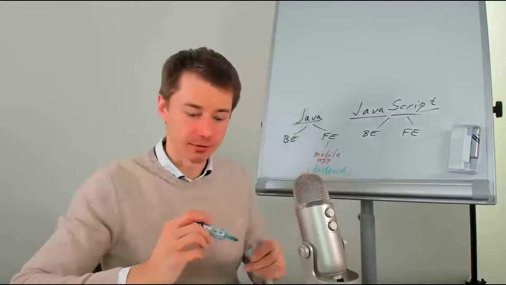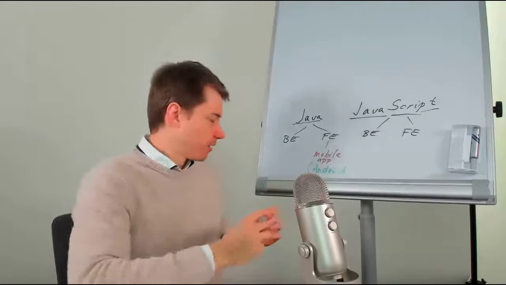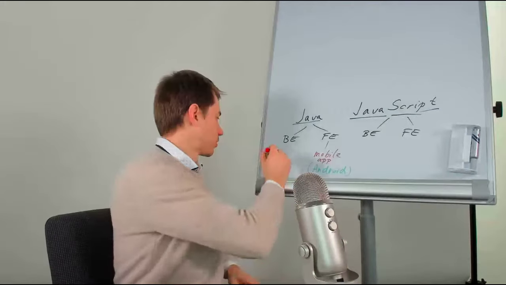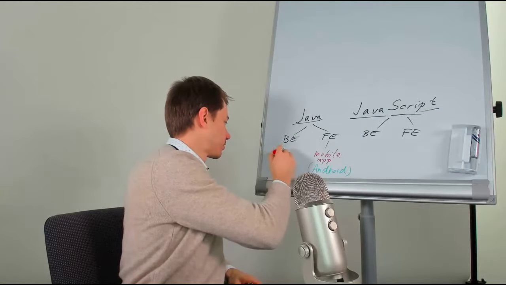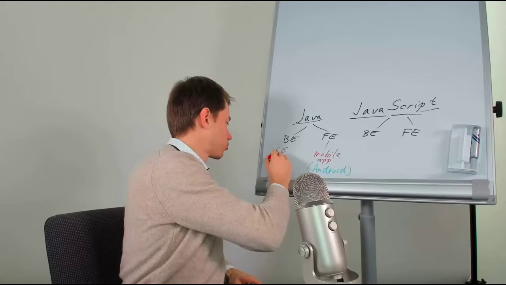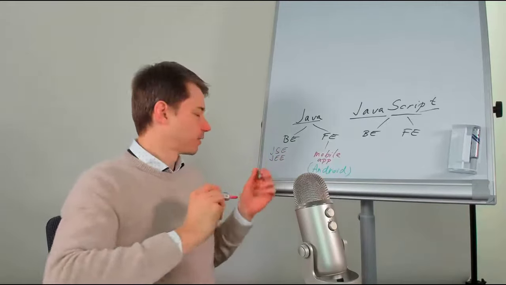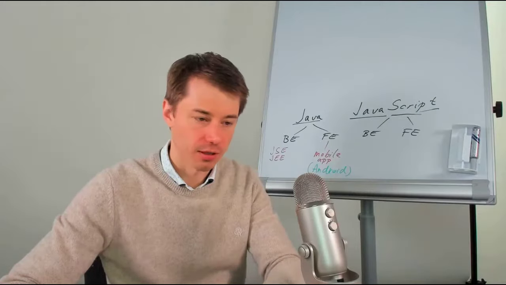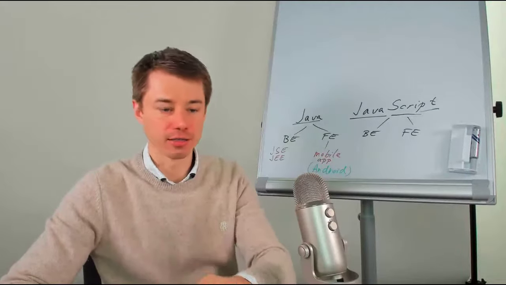Okay, so Android here. And now on the backend side, you might have heard about Java Standard Edition and Java Enterprise Edition, or J2EE, although the 2 was dropped, so it is Java EE.